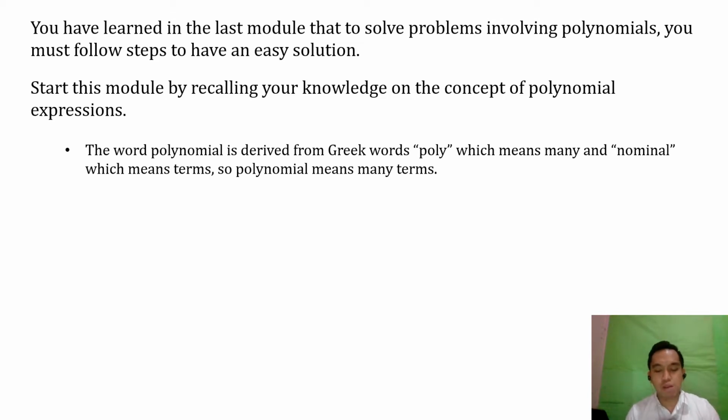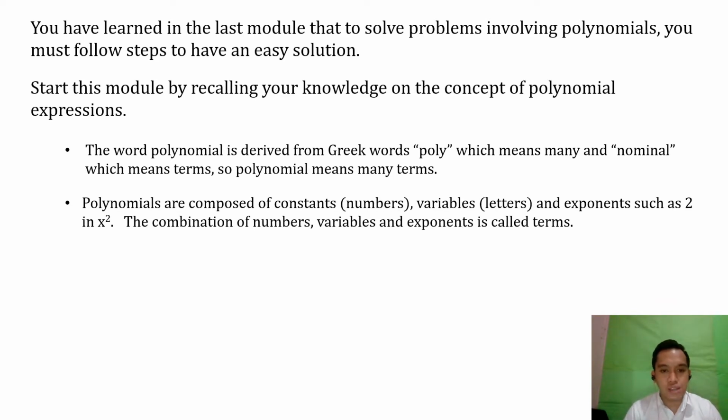We have kinds of polynomial according to terms. First is monomial, a polynomial with one term only, and we have binomial, trinomial, and so on.